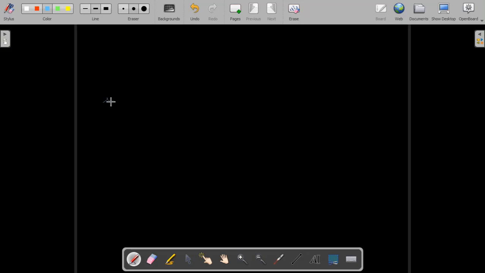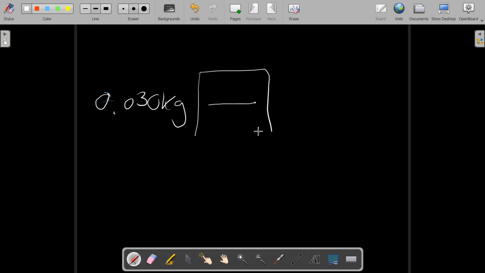Okay, let me copy this. So we're starting, let me get this one in white, 0.030 kilograms. As I said, go to the base unit first. The base unit is going to go here. And then from the base unit, you can go to the next unit. So it's a multiple step problem.